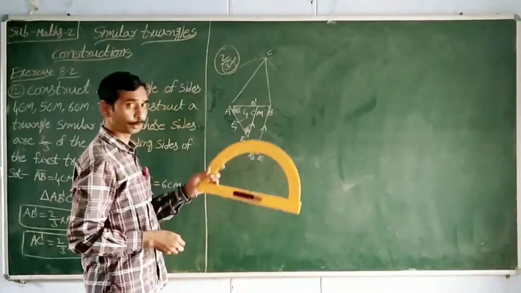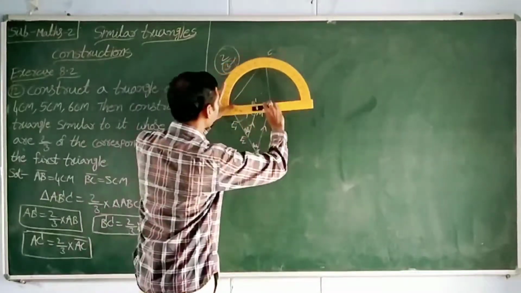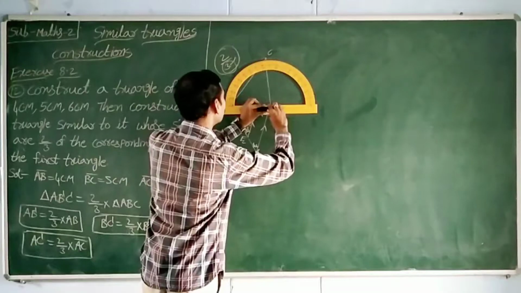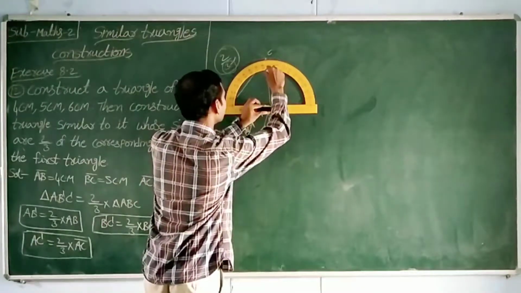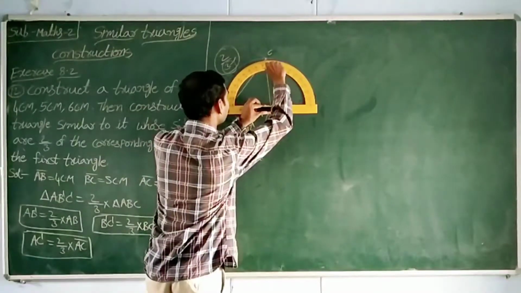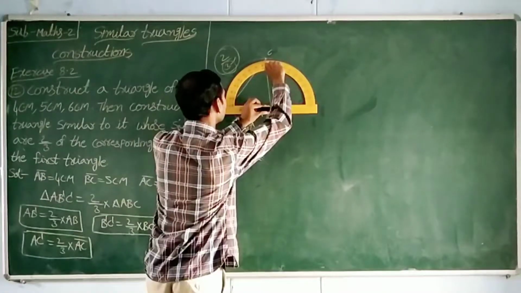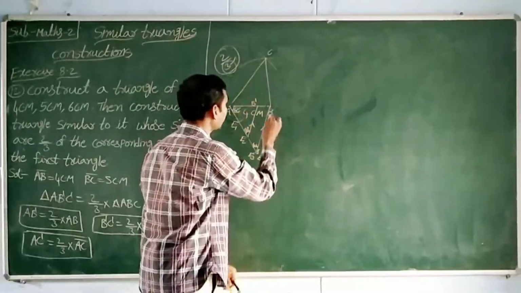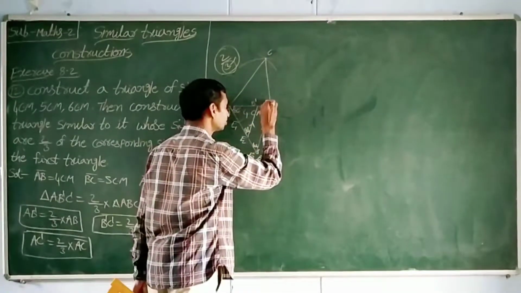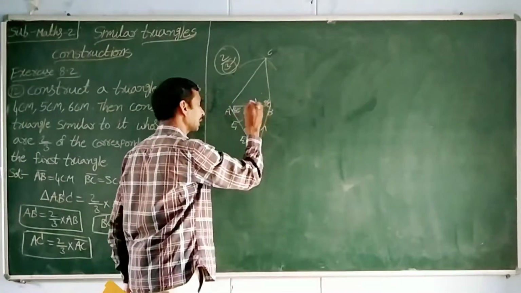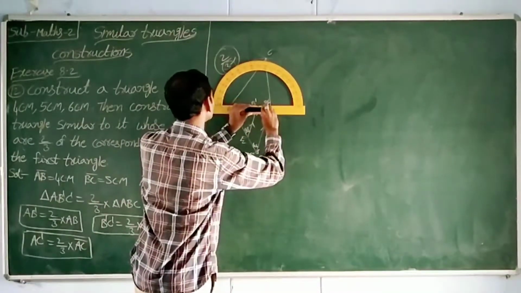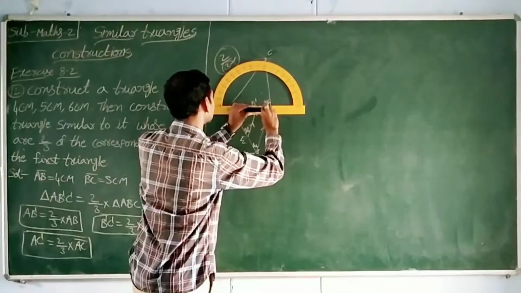Now you can take the protractor. Keep the protractor midpoint at B, at 0 degrees. Now measure the angle at B. Here the angle is 85 degrees. Take the same angle at B dash. Again keep the midpoint at B dash, with this line on 0 degrees.